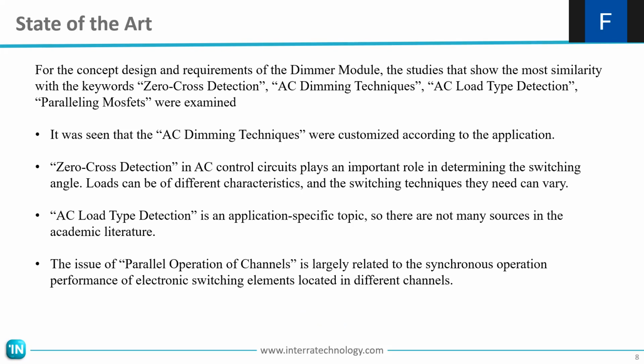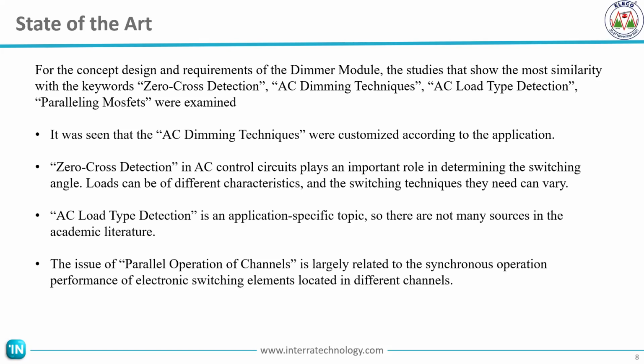We did some literature research for the concept, design, and requirements of the dimmer module. The studies that show the most similarity with the keywords zero cross detection, AC dimming techniques, AC load type detection, and parallel MOSFETs were examined. It was seen that the AC dimming techniques were customized according to application. Zero cross detection in AC control circuits plays an important role in determining the switching angle.